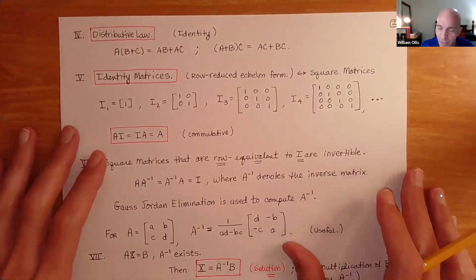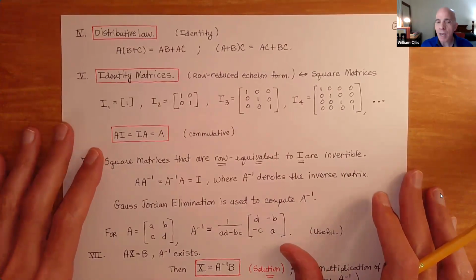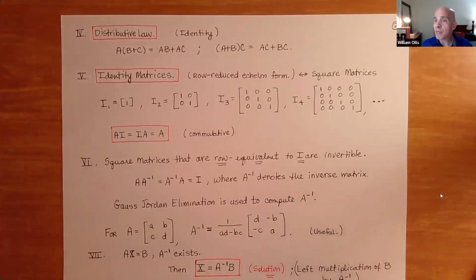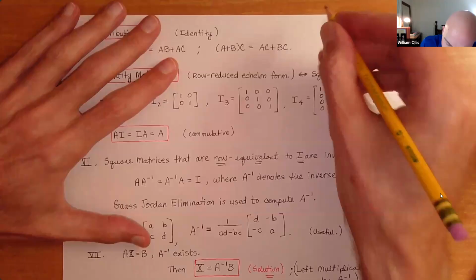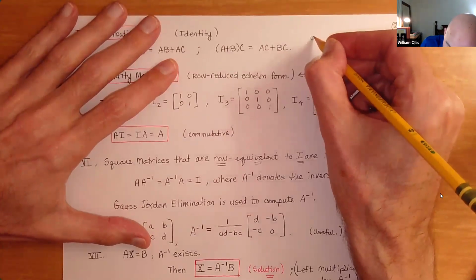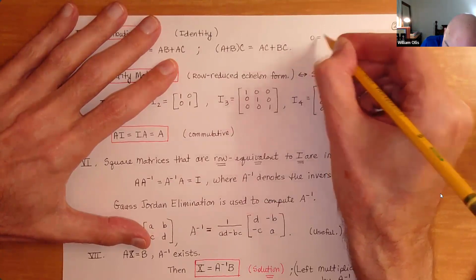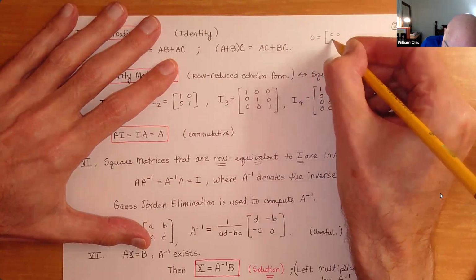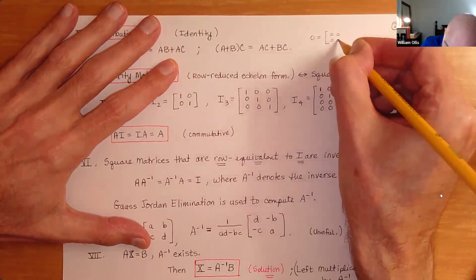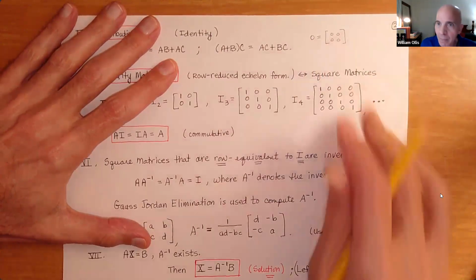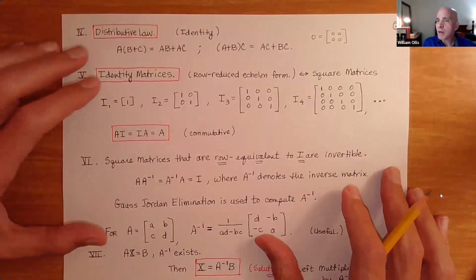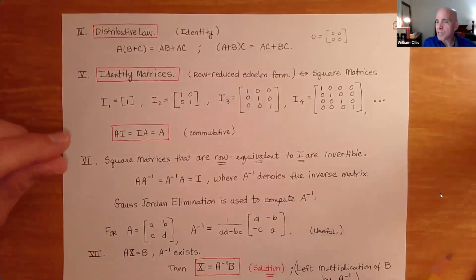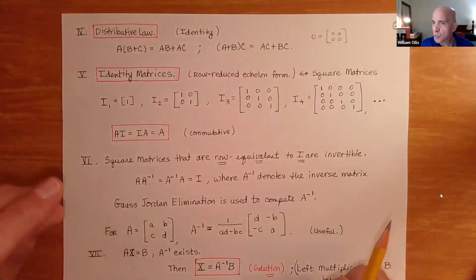Now, one thing that you've already noticed is zero matrices. I haven't mentioned this because it's really kind of simple, but when we think about a zero matrix, like a 2 by 2, we're thinking of a matrix that has all entries 0. So if we think of the 0 in matrix addition, we're just adding the 0 matrix to any matrix.